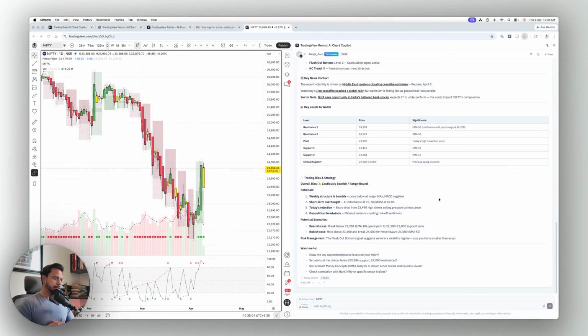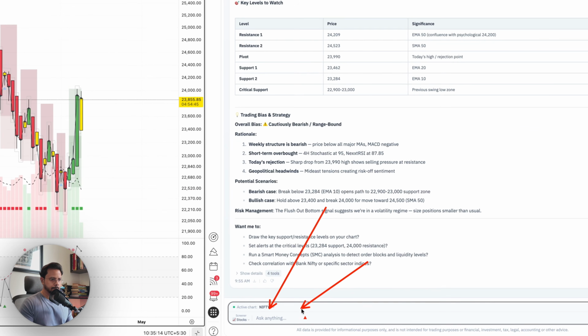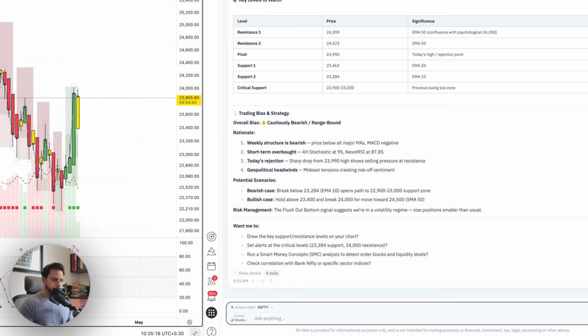So as I'm recording this video for you, and as we are discussing the AI chart copilot, many things can come to my mind. Let's say on the bottom right here, it's around 10:35, so more than an hour and a half of trading has happened today morning.